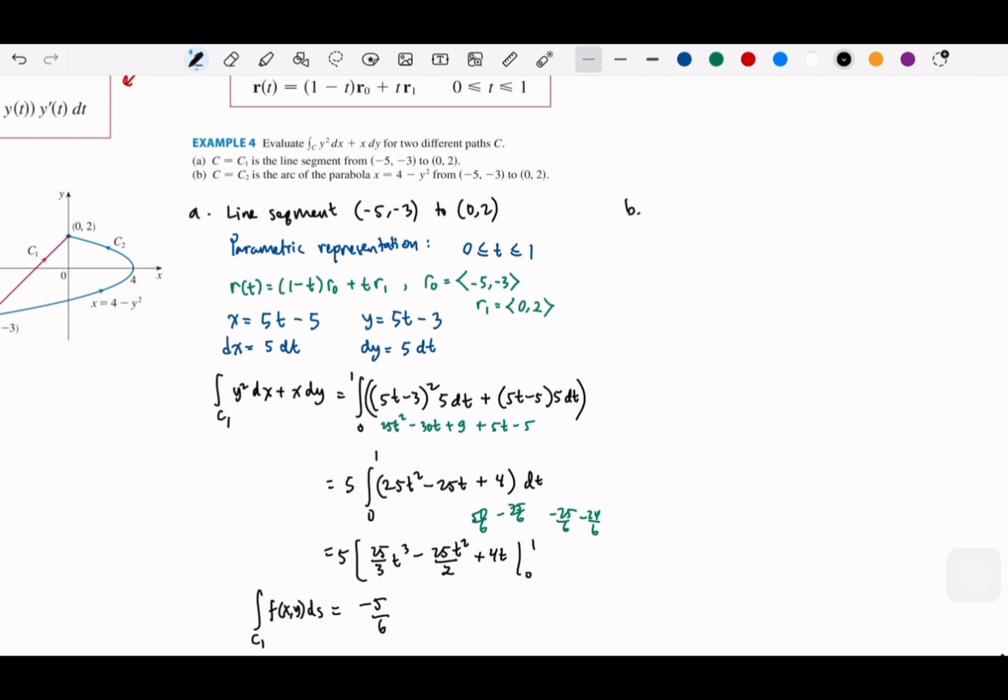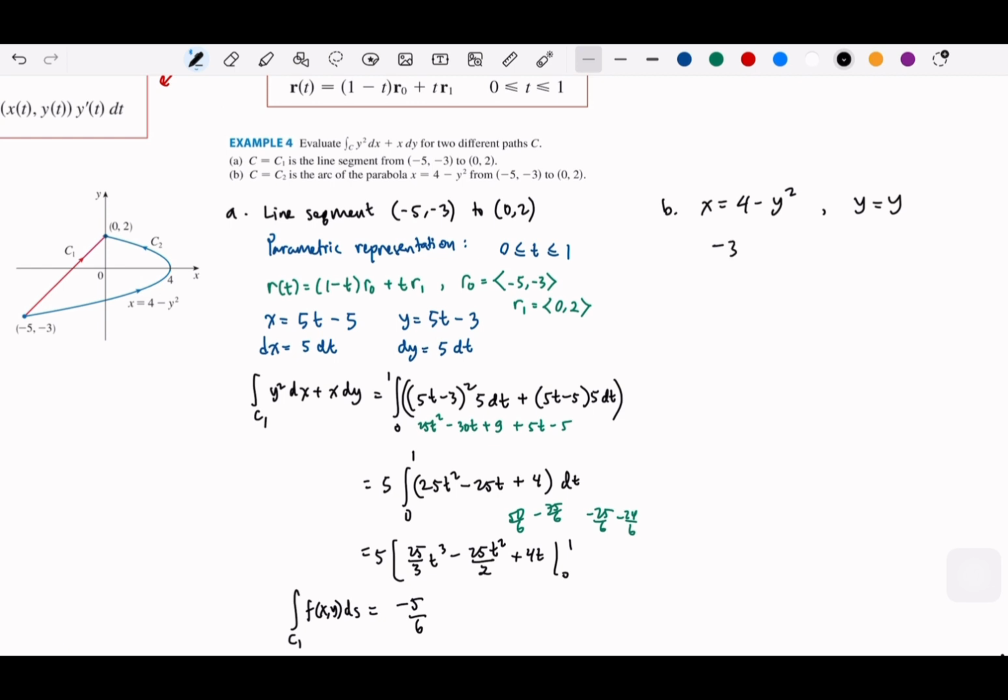For C2, since we have the parabola x equals 4 minus y squared, we can just use y as it is, and take y from negative 3 to 2. So we are going to focus on using only y.